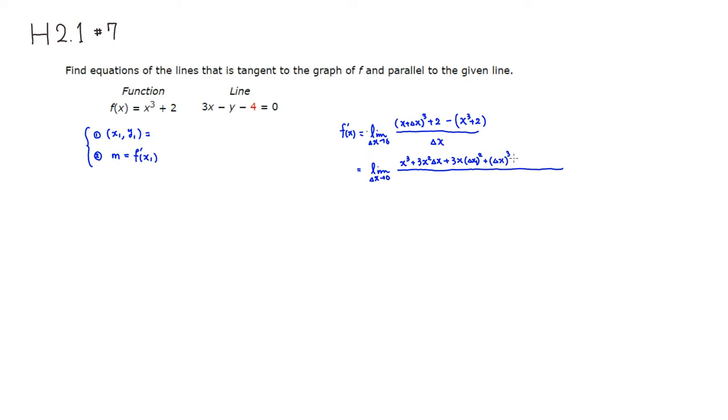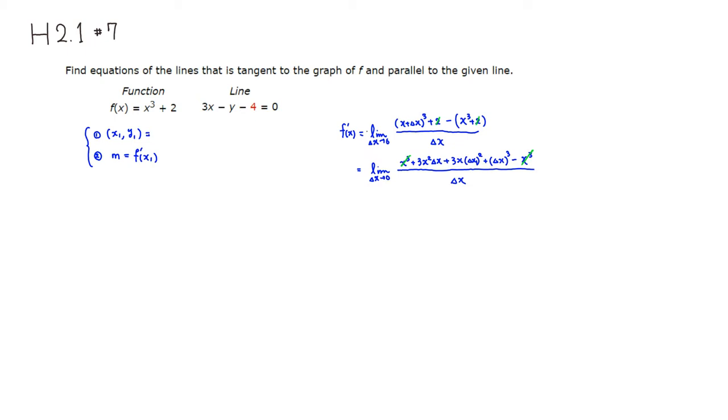And you have a plus 2. Since you have 2 minus 2, I'm going to cancel that beforehand. Then we have a minus x cubed, all over delta x. We can cancel x cubed here and x cubed there, so you have the three remaining terms.